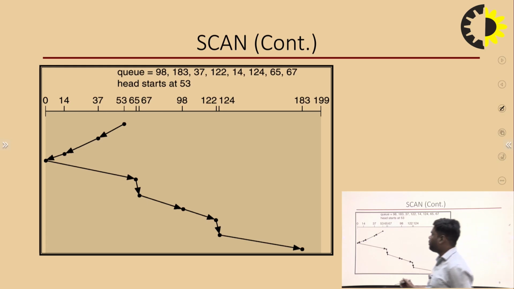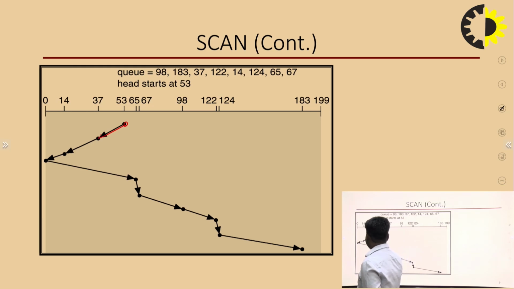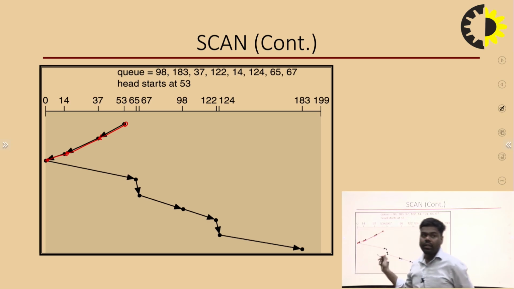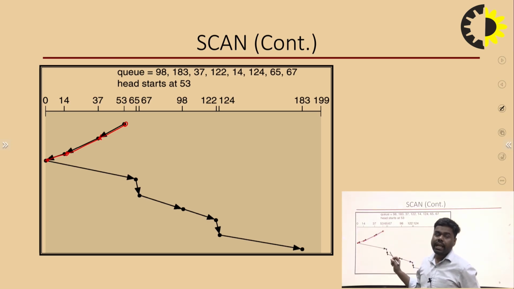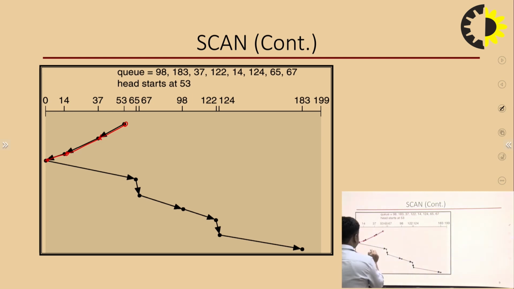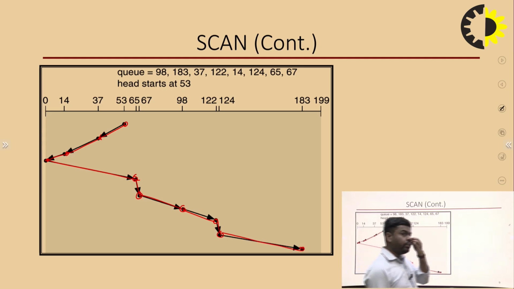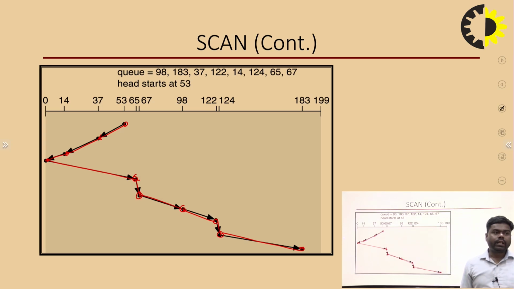So it moves from 53 to 37, then 37 to 14, then 14 to 0, because in SCAN it has to go to the end. Next it will go to 65, then 67, 98, 122, 124, and at last 183. If you calculate it, you will get the total seek time: 183 minus 0, 65 minus 0.